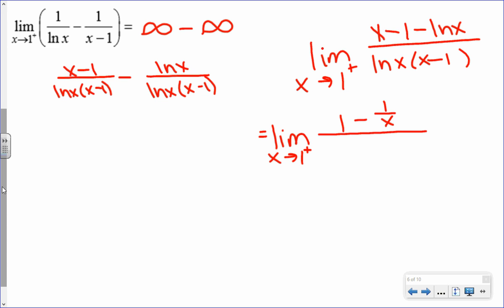Okay, and then we have some product rule action going on here.